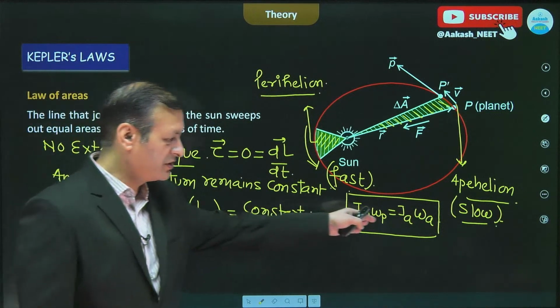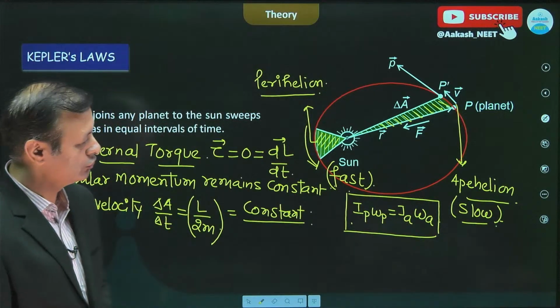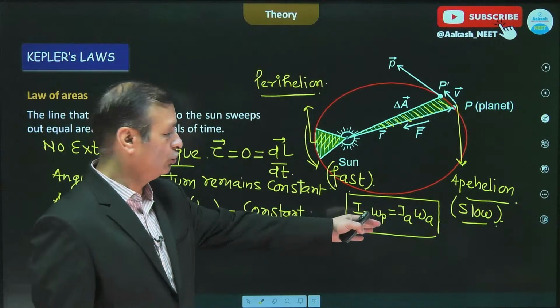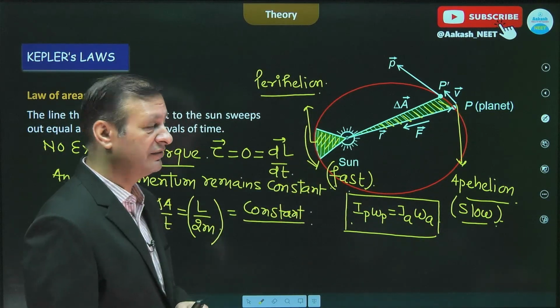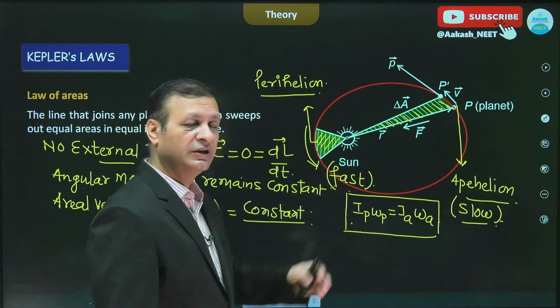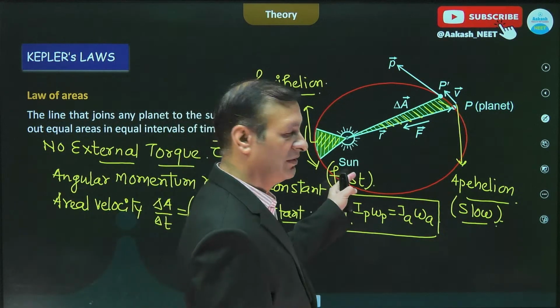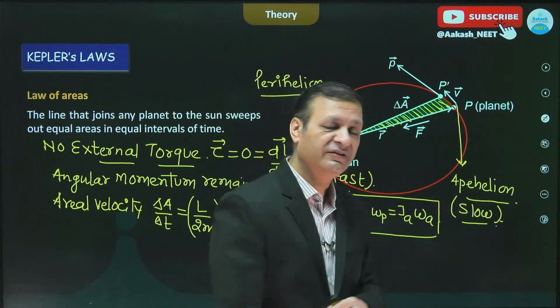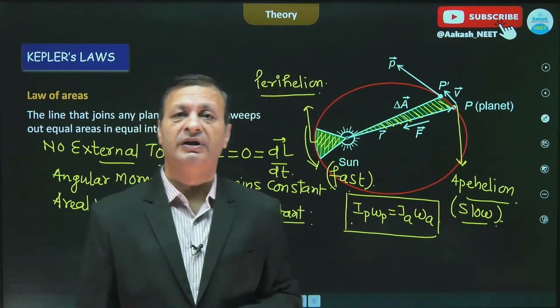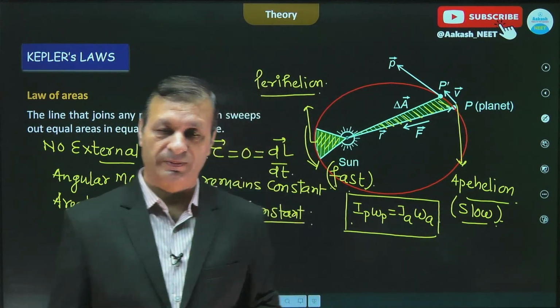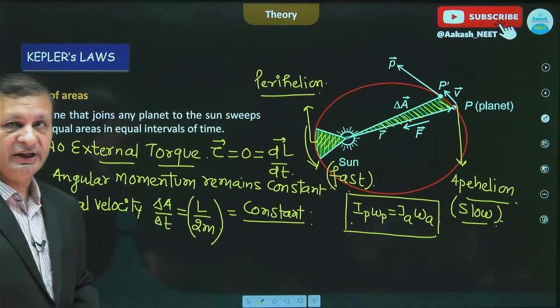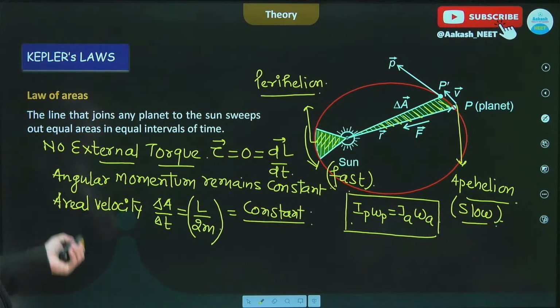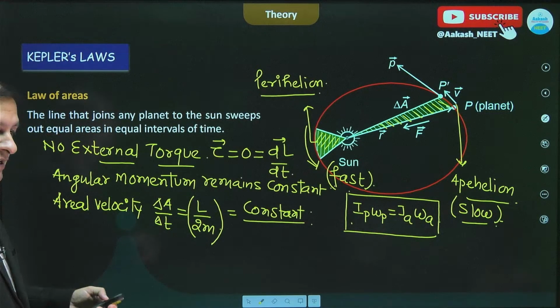So using this law also, we can very well show when your planet is at its perihelion position, definitely it would be fast, and when it is at its aphelion position, it would be slow. So I think this is all for this Kepler's law. Shall we move?